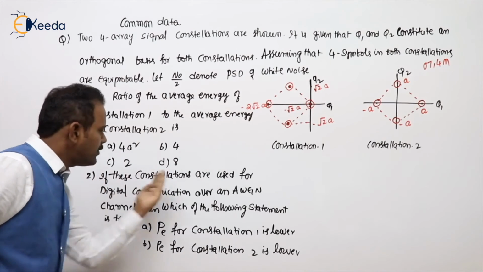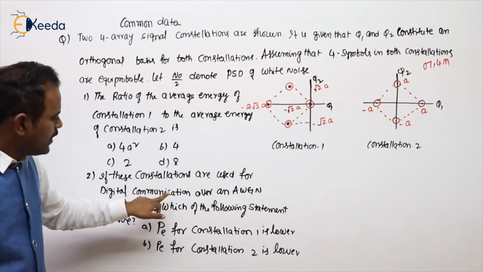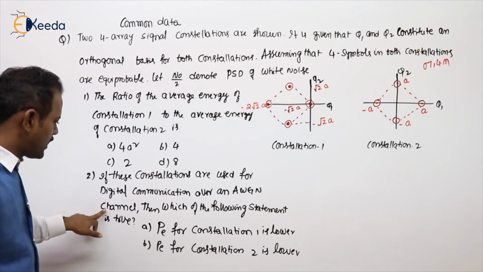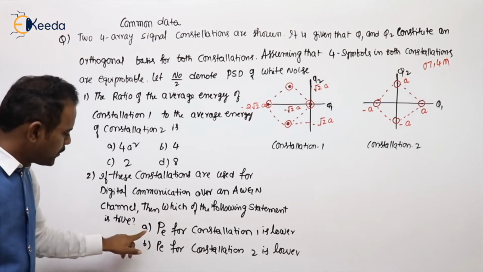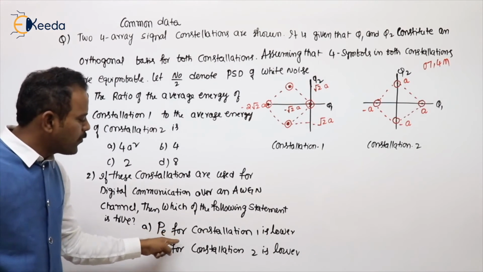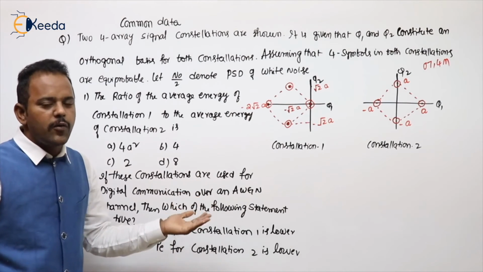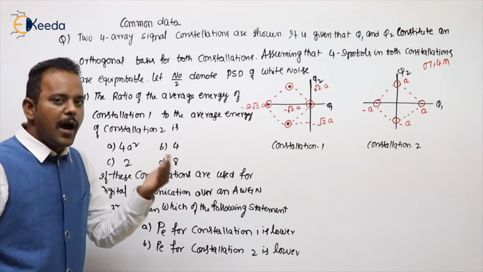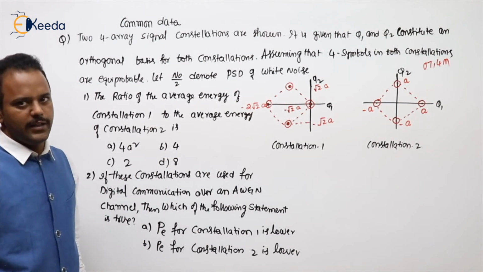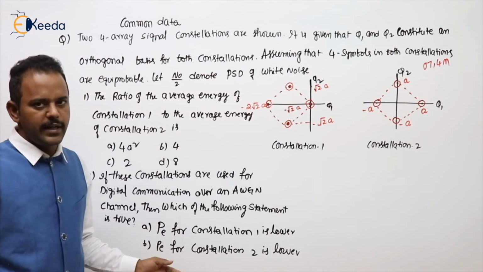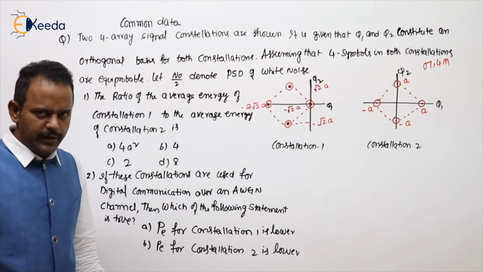Second question, if these constellations are used for digital communication over an AWGN channel, then which of the following statements is true? Option A, probability of error for constellation 1 is lower. Option B, probability of error for constellation 2 is lower. Option C, both are same. Option D, none of the above.